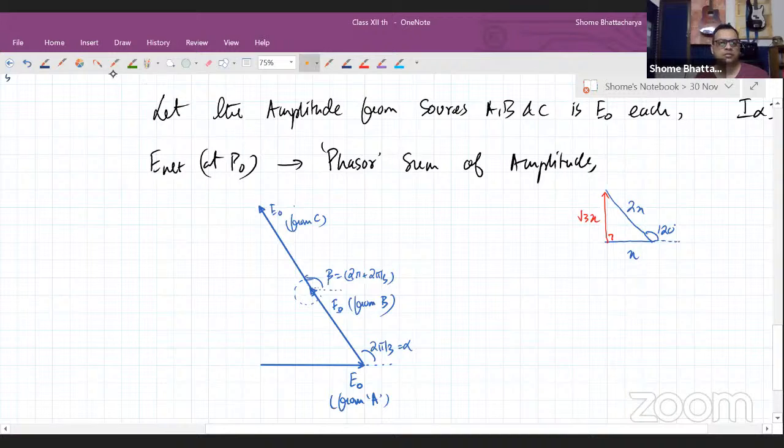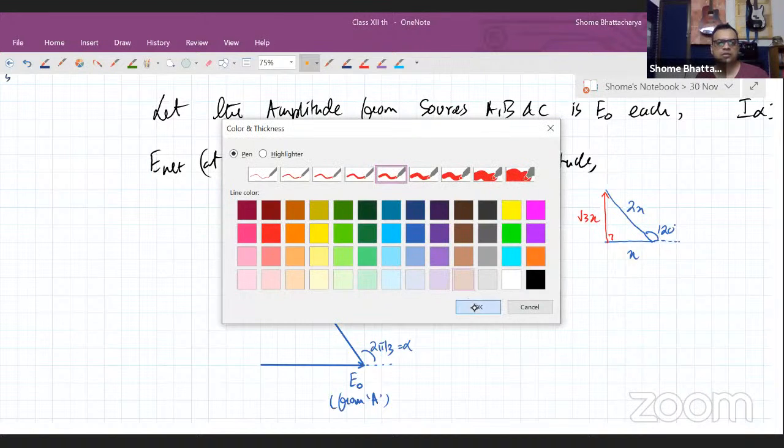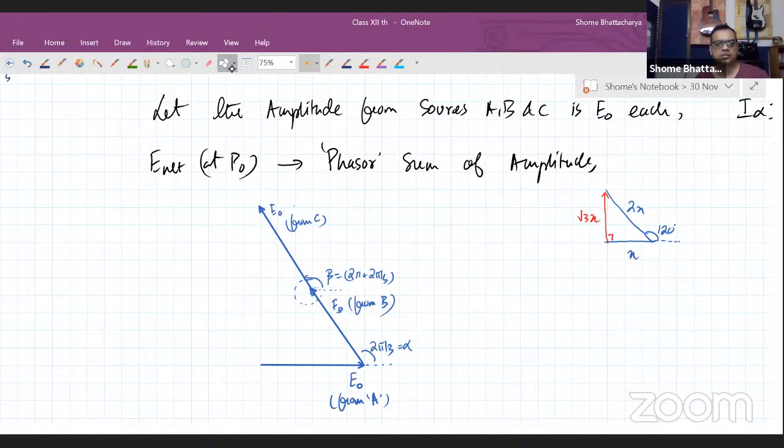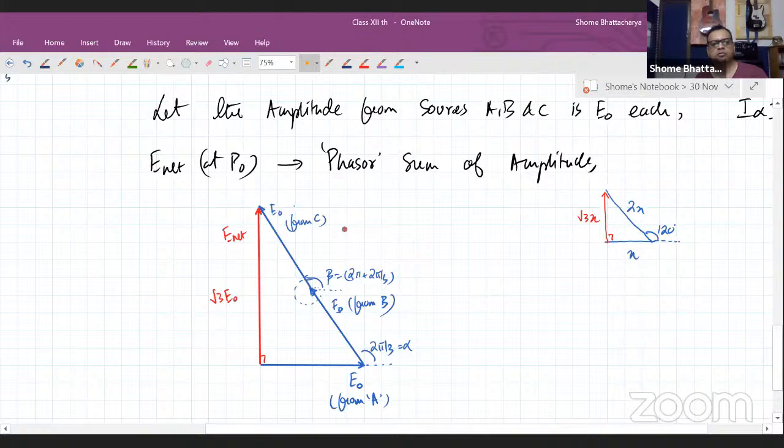Okay, so with your understanding that it is that particular triangle we are talking about, see that the net amplitude will become like this. It will be root 3 E naught.